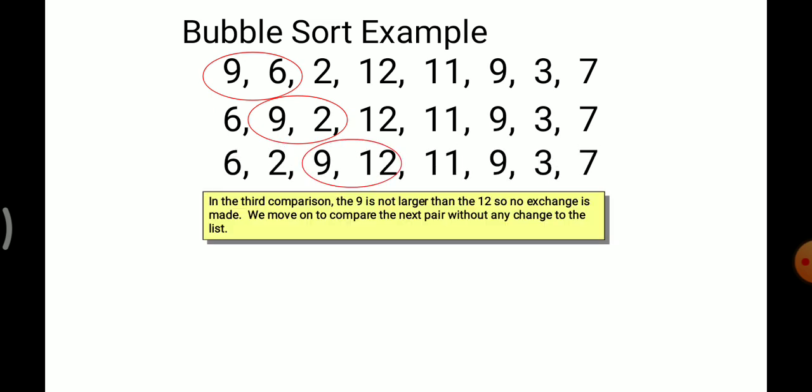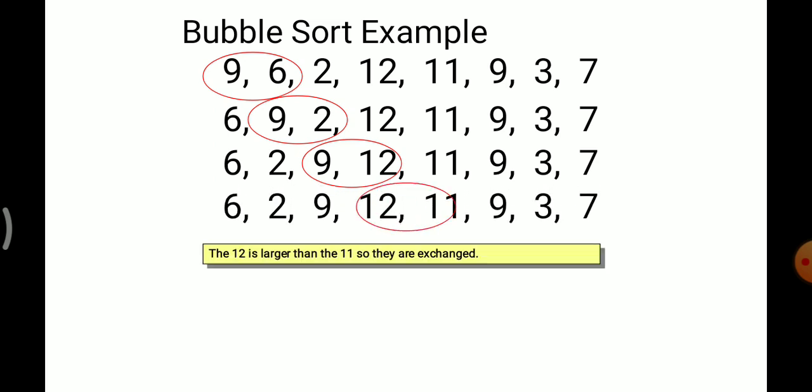Now the third and fourth elements will be compared. In the third comparison, the 9 is not larger than the 12, so no exchange will take place. We move on to compare the next pair without any change to the list.